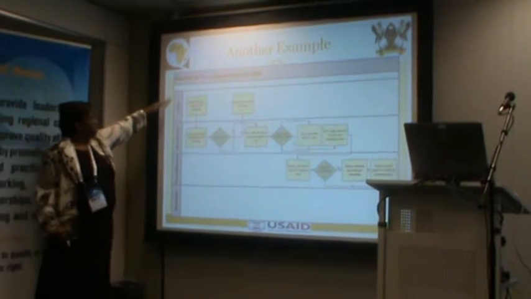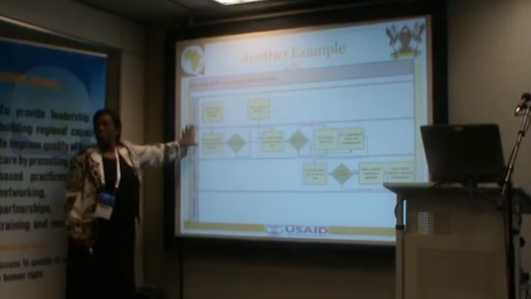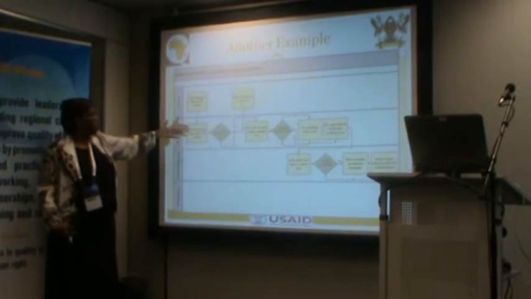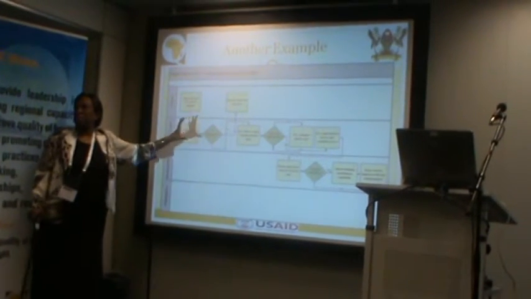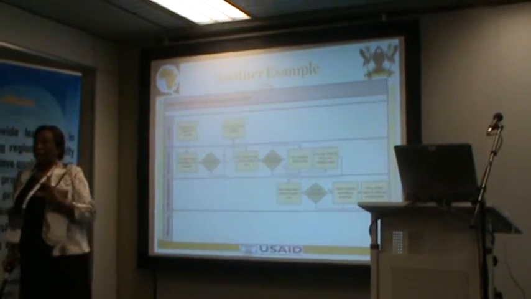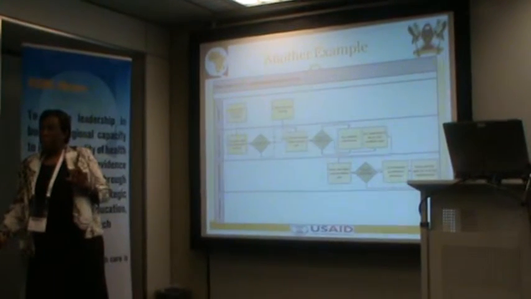So the idea of a cross-functional flowchart is to tell you who is doing what to whom at what stage. And this is also helpful because, just like for the other ones, you can see where the potential bottlenecks are. Are we together? Yeah?